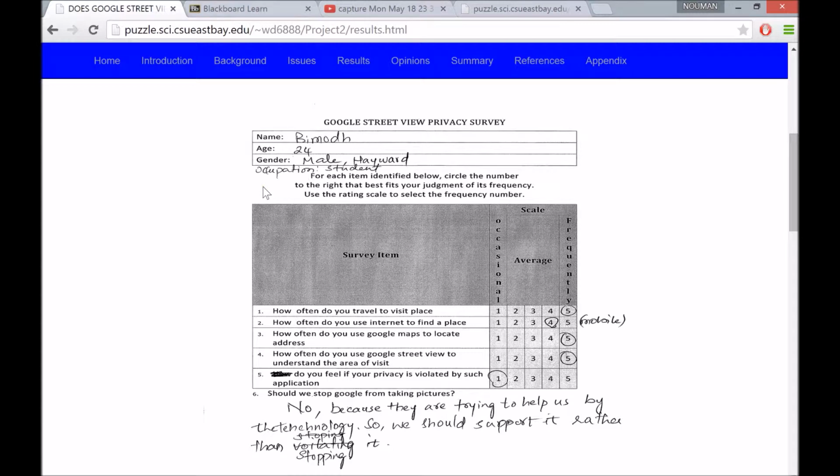This is the result of a survey with a young man who is a student who goes to the same university. He said that he visited a lot of places to see friends and family, and whenever he tries to visit a new place, he uses Google Maps and the navigation system in his phone, and sometimes also uses Google Street View to look at images of the place that he's trying to visit.